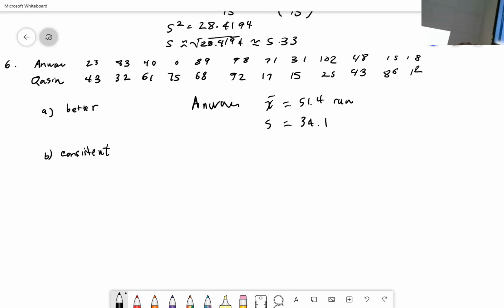Okay. So now we're going to do the same calculation, but for Kazim. And so I have to erase these numbers here.